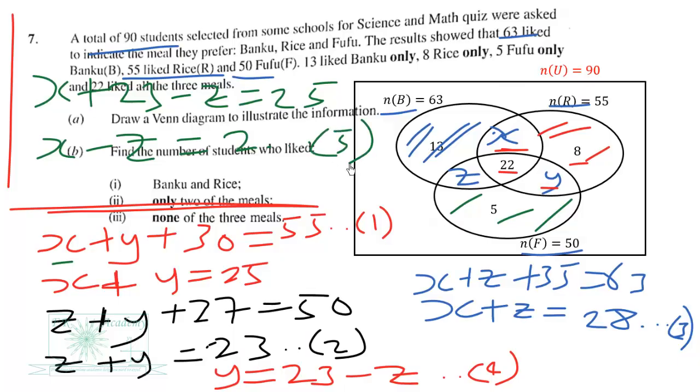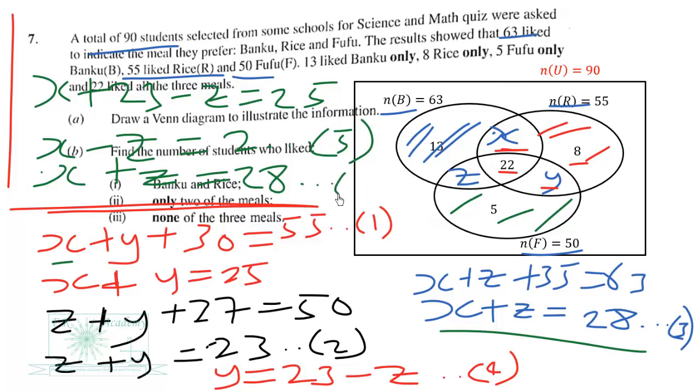And you know something? I'm going to solve equation 5 and equation 3 because they have the same set of variables. So x plus z is equal to 28. Now let's add the two equations. This is equation 3. When we add the two equations, one of the variables will run away. So x plus x will be 2x.